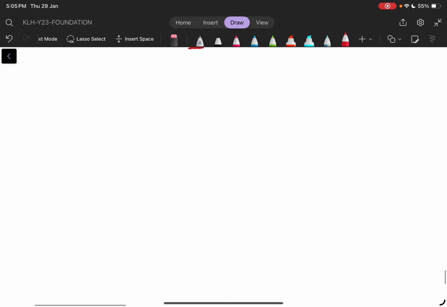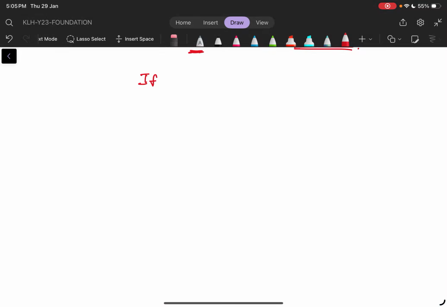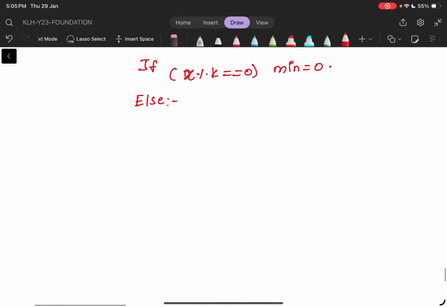So the pseudocode of this will be: first we'll check if x mod k is 0. That means, is x divisible by k? In this case, our minimum will be 0. Else, we have options here.